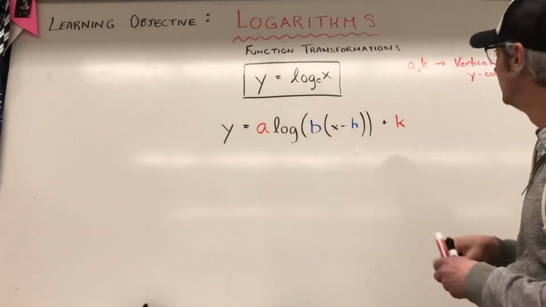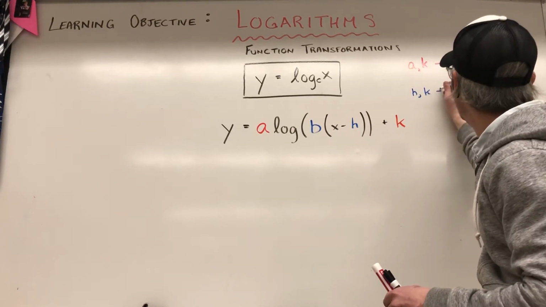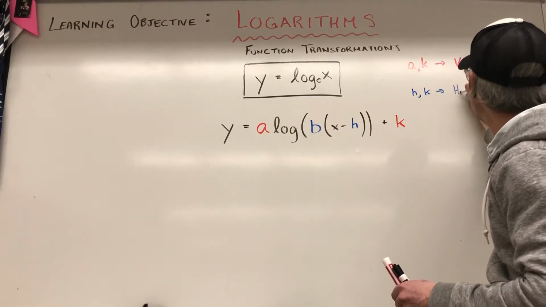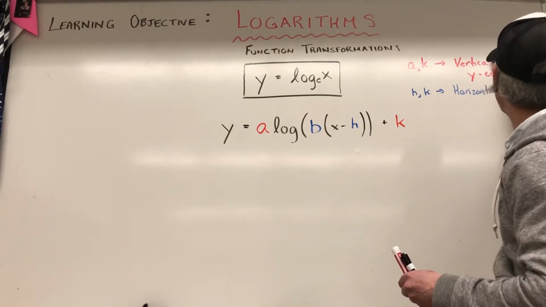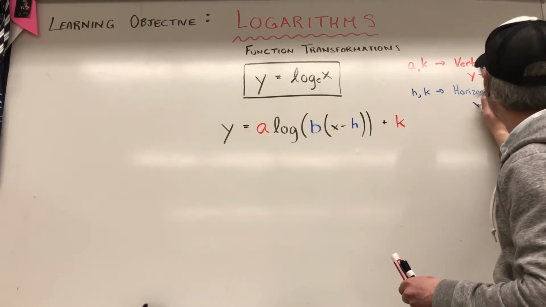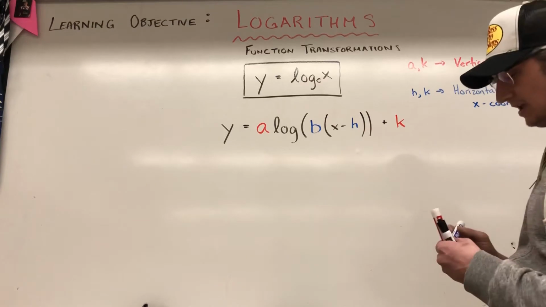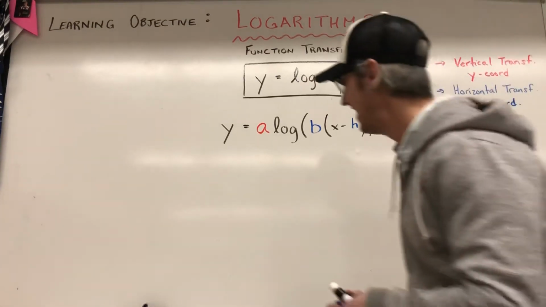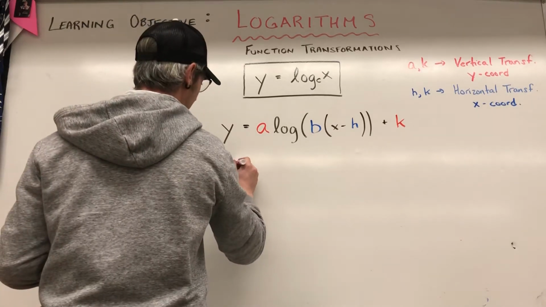And again, b and h, they are going to be my horizontal transformations. Okay? They are going to mess with my x coordinates. And A still behaves the exact same way as it ever has for any other function transformation.